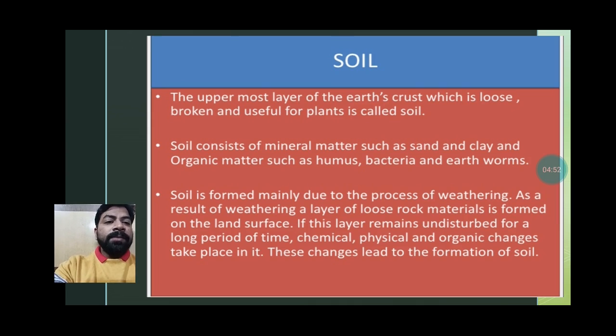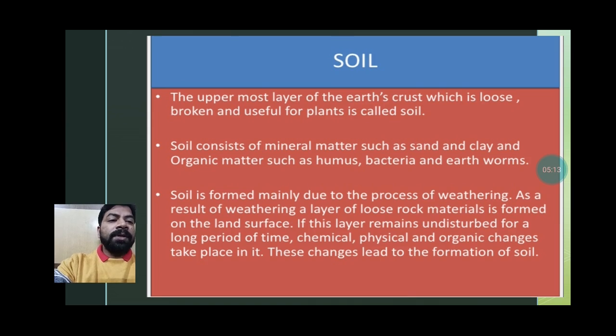Soil is formed mainly due to the process of weathering. As a result of weathering, a layer of loose rock material is formed on the land surface. If this layer remains undisturbed for a long period of time, chemical, physical, and organic changes take place in it.